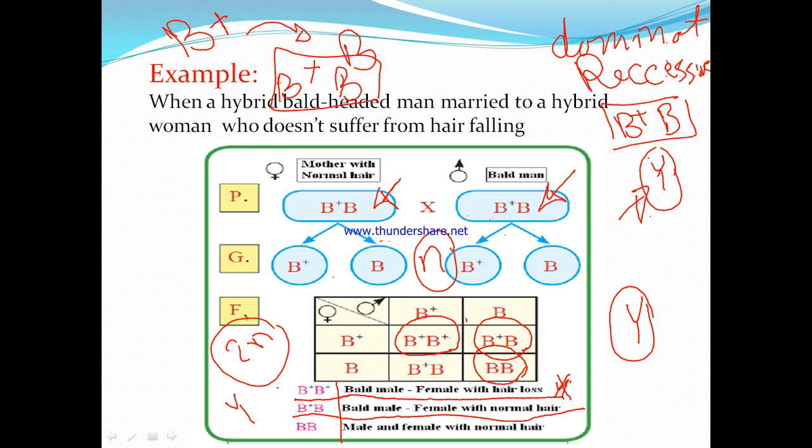For the last genotype, B B, in pure recessive form, the male has no copy of the gene, so it will be normal, and the female will also be normal. So we have 3 genotypes, number 1, number 2, number 3, but we have 6 phenotypes, 3 from male and 3 from female.